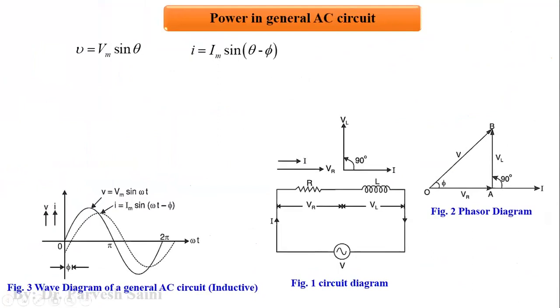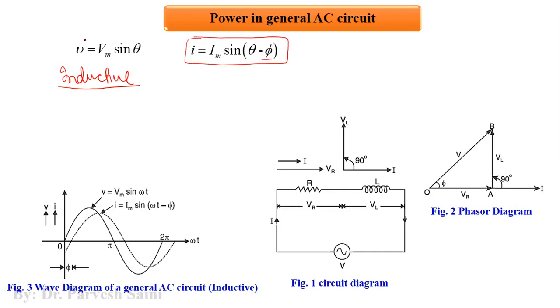As we all know, most of our AC circuits are inductive in nature. So we can say that in most of our AC circuits, the current will lag the voltage by some angle phi.